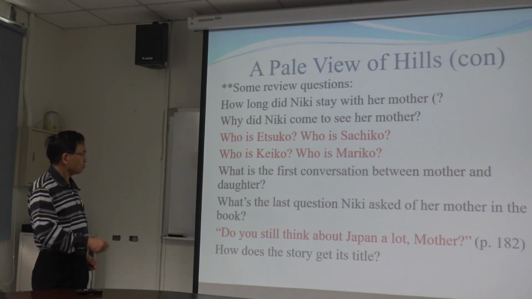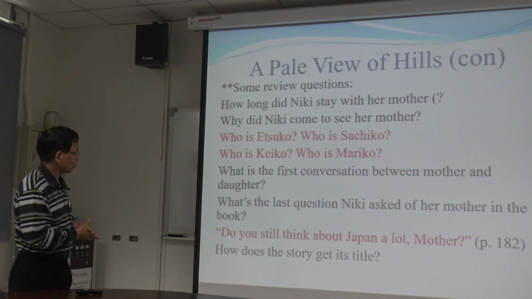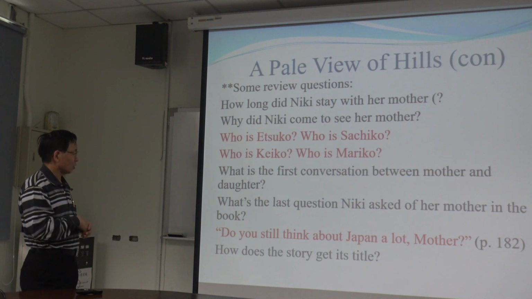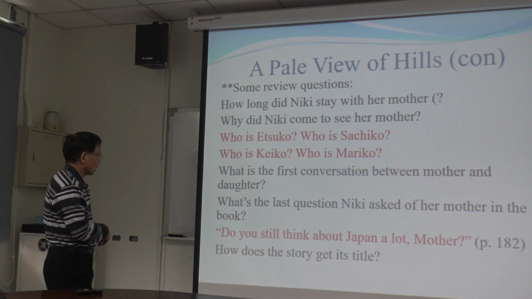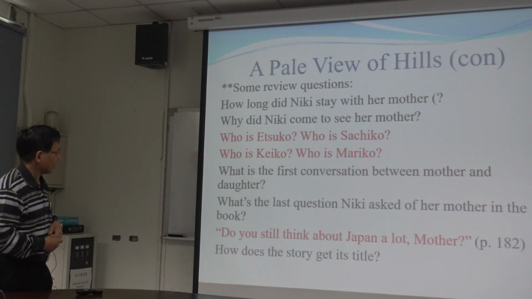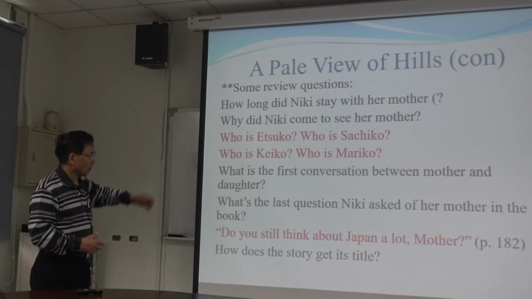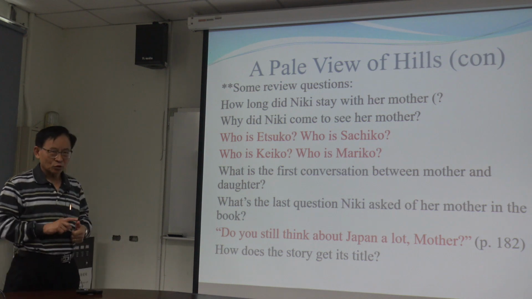Why in particular did she take the trouble to travel to see the mother? And then, of course, who is Etsuko, who is Sachiko, who is Keiko, who is Mariko? These 4 main characters.